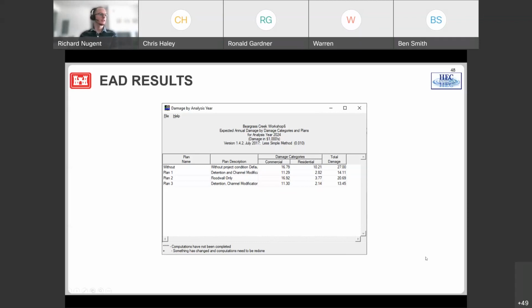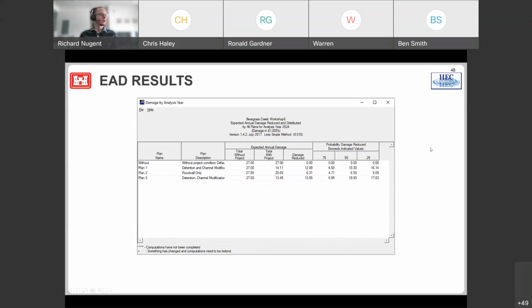The thing that we're really interested in: here, you could show the benefits of Plan 1 as the difference between total expected annual damage. That would be risk reduced. One of the really interesting reports, I think, is the expected annual damage reduced and distributed report.